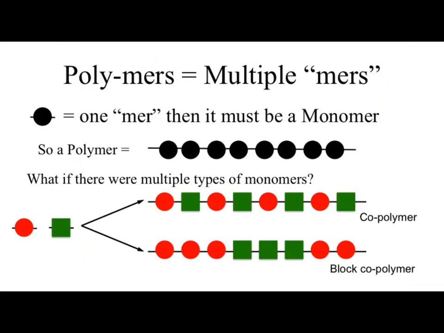Okay? So both of these are known as copolymers because we have more than one type of monomer. If we go in that alternating fashion, we just call it a copolymer. If we go where we've got sections or blocks of those types of monomer units, that's where we get a block copolymer. Okay? So the name kind of makes sense from that.